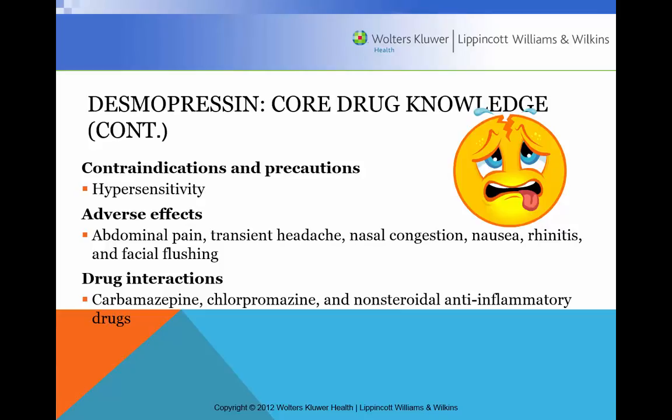So those are all listed in your book as well. On your drug interactions, I don't even think they list it in a table format for desmopressin, and they don't. It's just a small little blurb there on page 1085 underneath desmopressin: carbamazepine, chlorpromazine, and non-steroidal anti-inflammatory drugs.